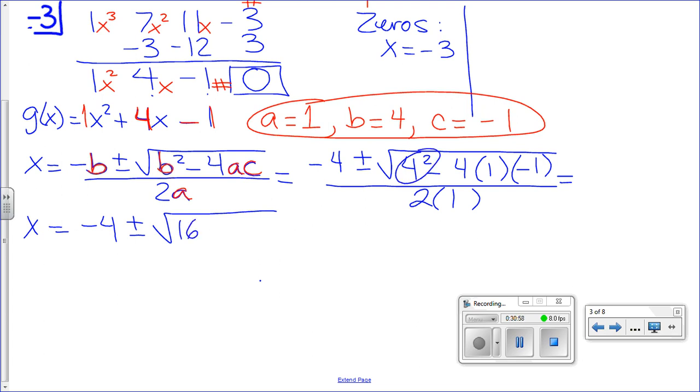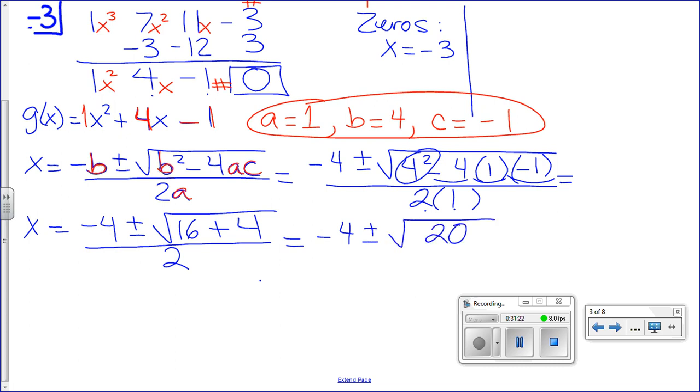And then if we multiply negative 4 times 1, that will be negative 4. But then negative 4 times negative 1 turns into positive 4. All of that divided by 2 times 1, which is equal to 2. Now we're going to add the two numbers inside the radicand, so we have negative 4 plus or minus the square root of 20. All of that divided by 2.